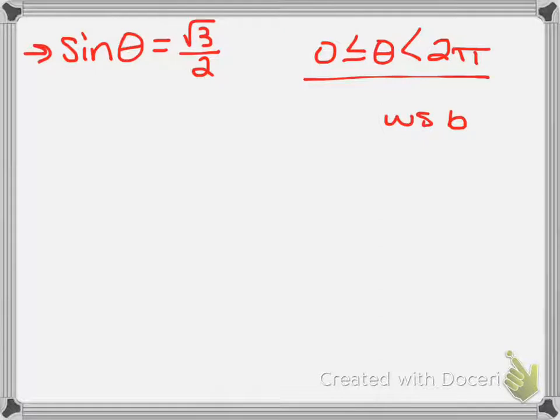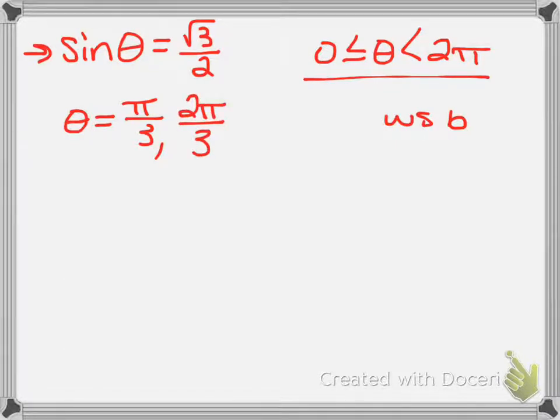And so in the case of an equation where sine of theta was equal to square root of 3 over 2, what you would have had for your answer is pi thirds, which is the first angle that has a sine value of square root of 3 over 2, and then of course 2 pi thirds.